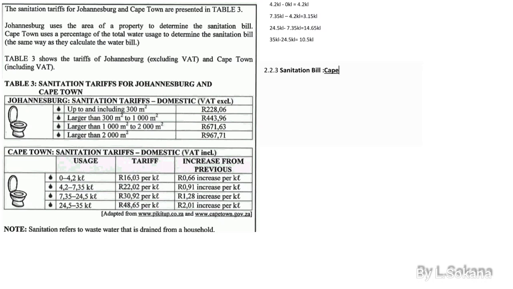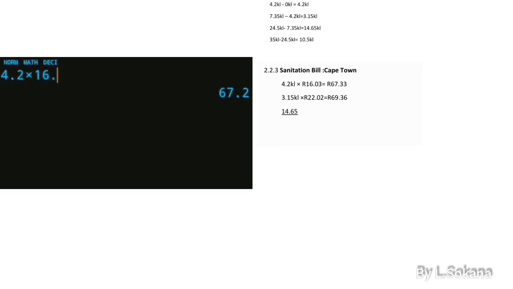So going to the question now, we'll first calculate the sanitation bill for Cape Town, because most people find it hard, but it's not hard. Once you understand it, you'll see that it's not hard. So for the sanitation bill for Cape Town, we'll use the difference, which is 4,2 kiloliters on the first block, multiplied by 16 rand 3 cents, which gives us 67 rand 33 cents.